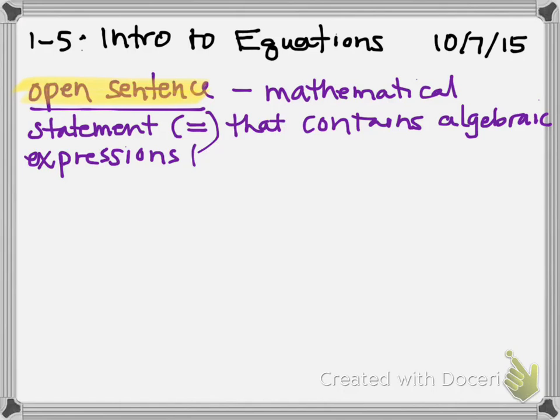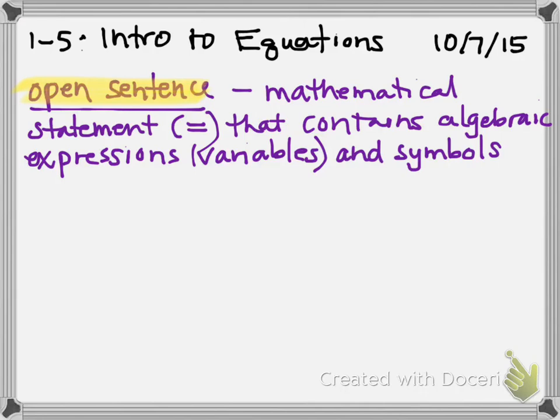What makes algebra algebra? Variables. So algebraic expressions are expressions that contain variables. You've dealt with several of those in homework already. And symbols. Symbols. So an open sentence, the key for this one, I'm going to highlight him.